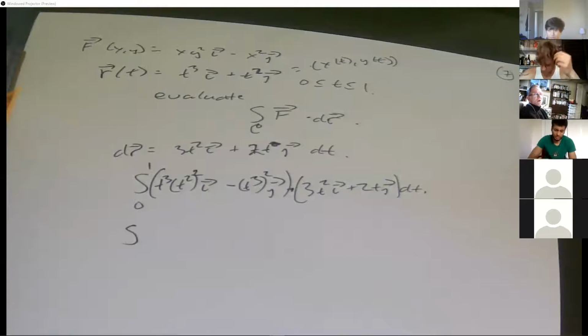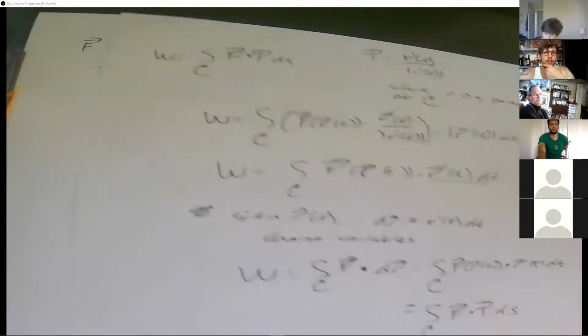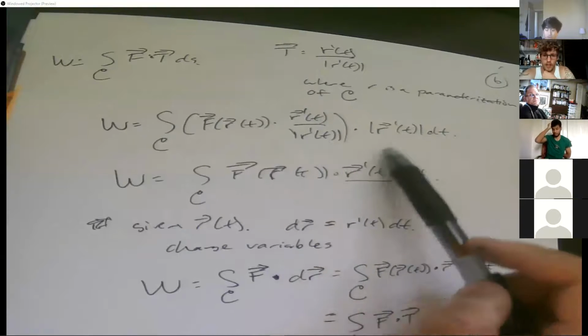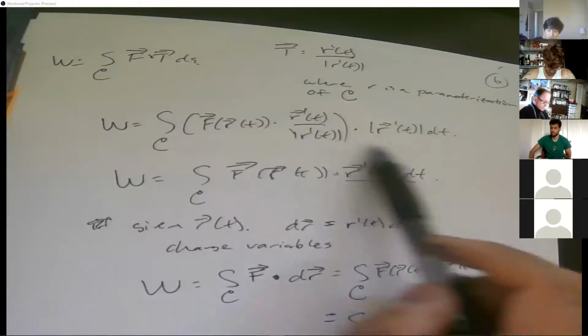Don't we take our r prime of t, find the magnitude of that and then divide by it? Nope, we don't need the magnitude at all. It happened to work out really nicely that we had the magnitude here, but it got canceled by the other magnitude. So this is all we need to compute here.